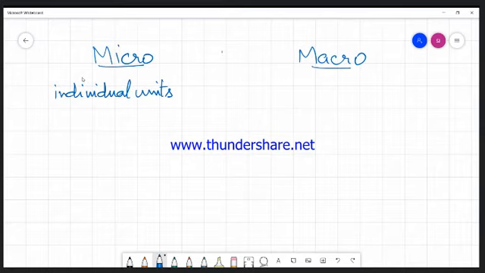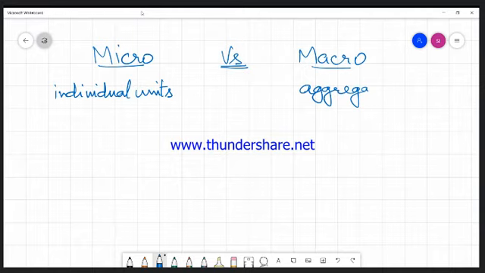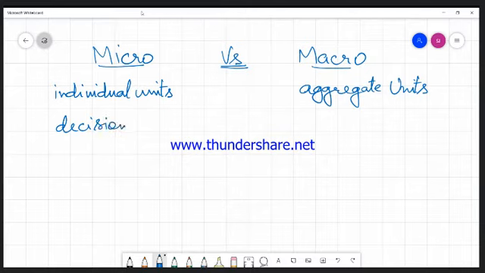You can understand from microeconomics itself how to differentiate between micro and macro. In microeconomics we were talking about individual units; here in macro we are talking about aggregate units. Who are these units? Decision makers. These decision makers are known as economic agents.